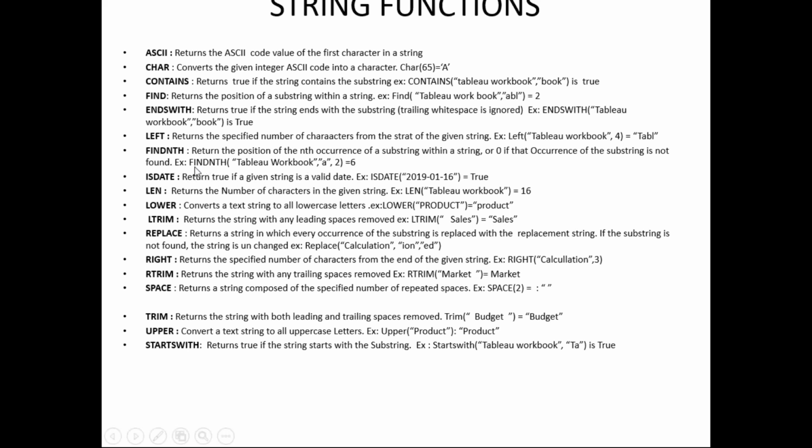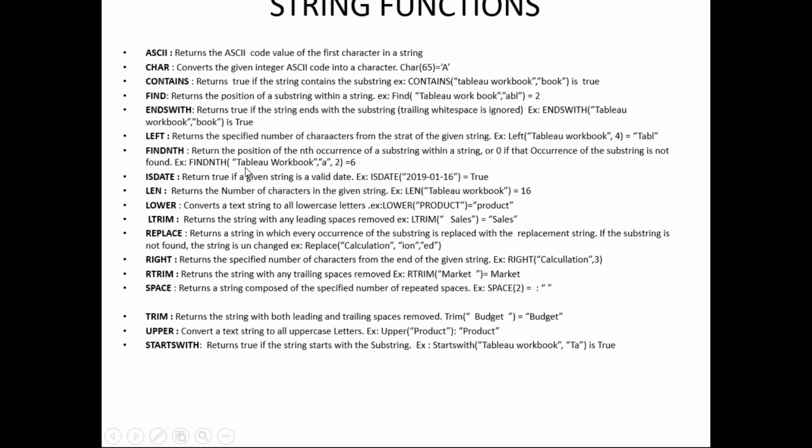Let's see that. FIND nth position means, in tableau workbook, at which position the letter a repeats for the second time. The main string is tableau workbook, and we want the position where the a occurs the second time. Okay, so let's go for tableau.